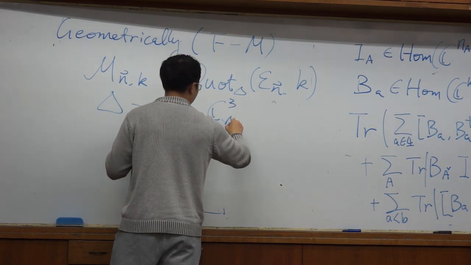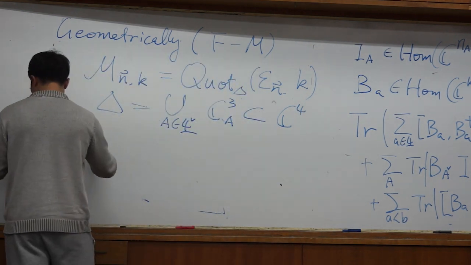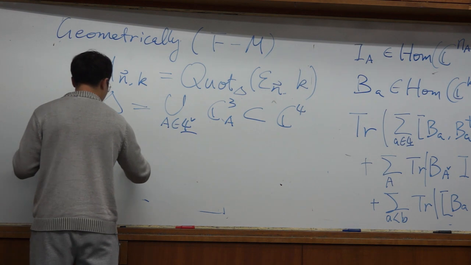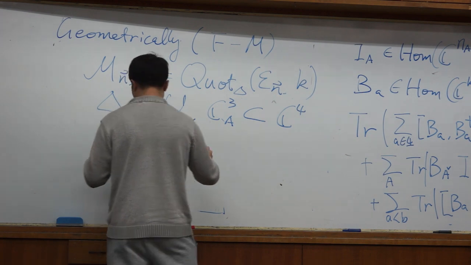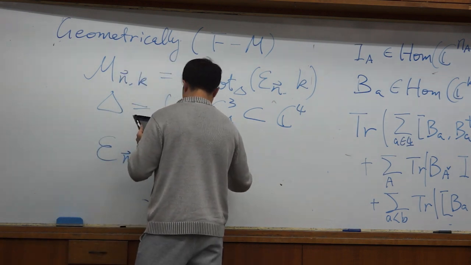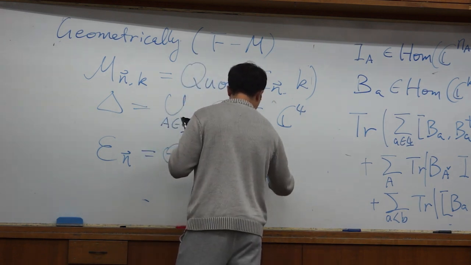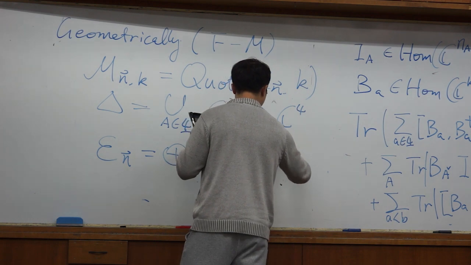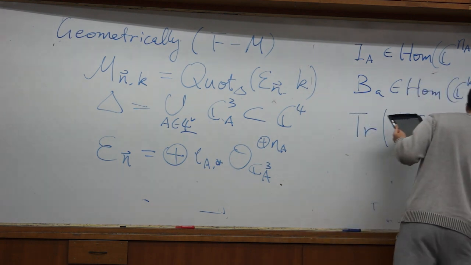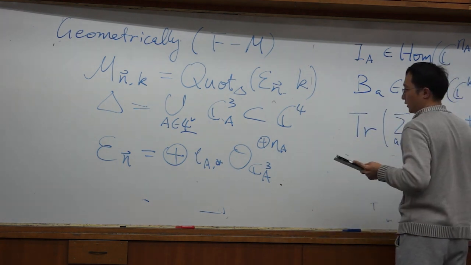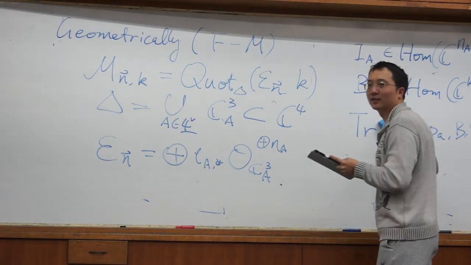So it's a subvariety of C^4. And this epsilon_N is the torsion sheaf on Delta. It's a pullback of the structure sheaf on each C^3. Sorry, this is a pushforward, right? Yeah, this should be pushforward.